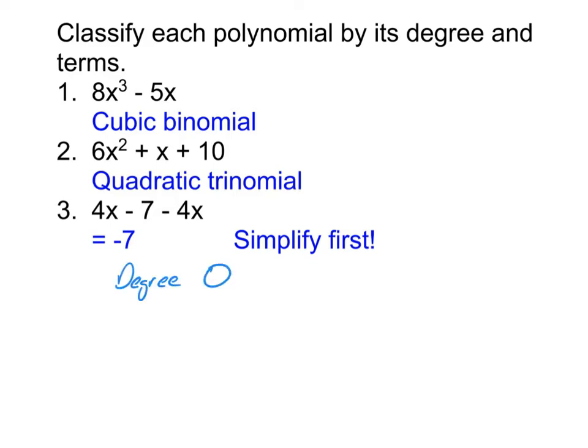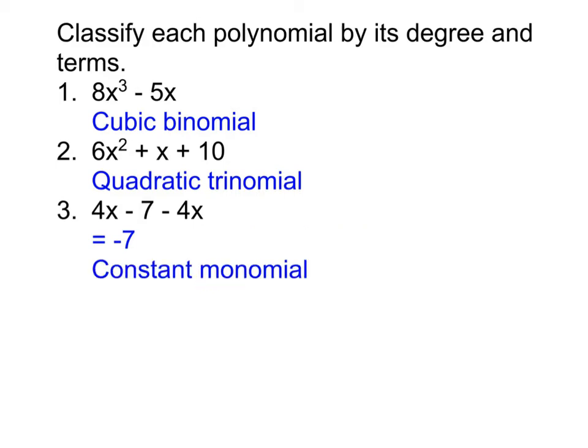If you check your notes, you'll see that degree 0 is called constant. There's only the one term, and so it's a constant monomial. And now you can see why degree 0 is called constant, because no matter what we might try to say that x equals, it's always going to be -7.